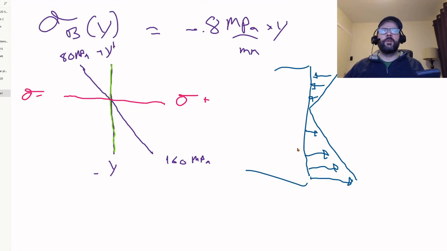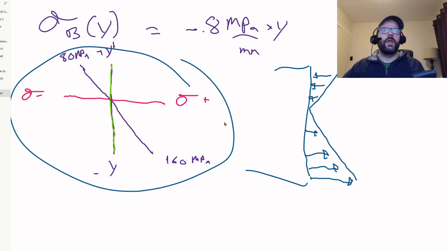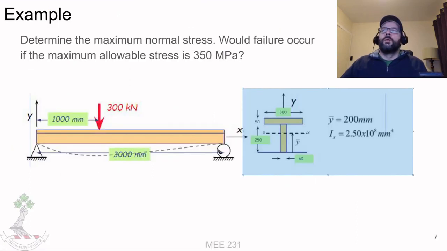I tend to prefer this one because it's a bit more obvious what's going on, but either way works. So in that situation, we did not exceed our maximum allowable stress of 350 MPa. Yay!